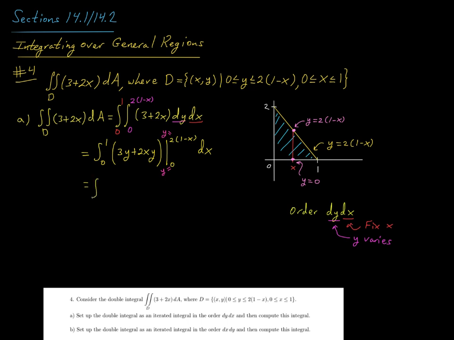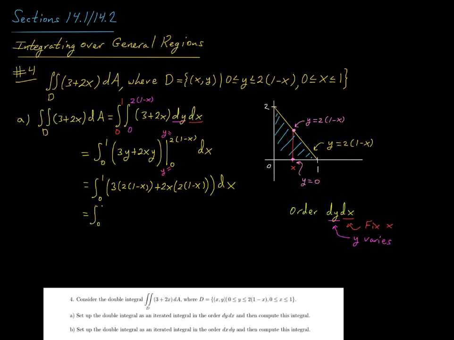I'm going to get the integral from 0 to 1 of 3 times y, which for the upper limit is 2 times (1 minus x), plus 2x times that y, 2 times (1 minus x). Then I'm going to plug 0 in for y, and I just get 0 for both terms, so this is it. Notice that this expression I'm left with depends only on x, and this is the thing we're going to integrate now.